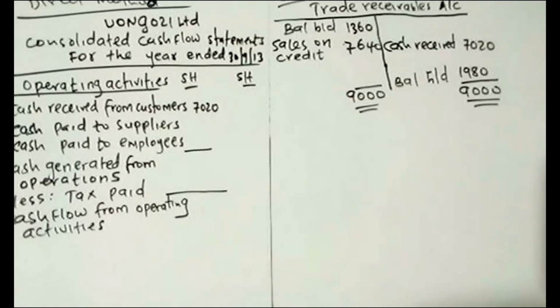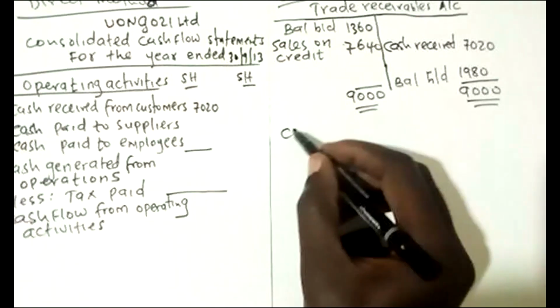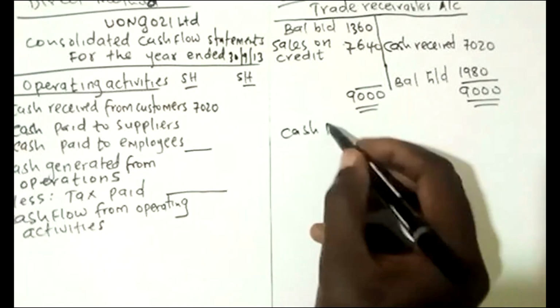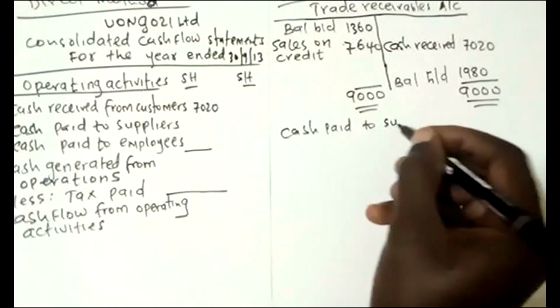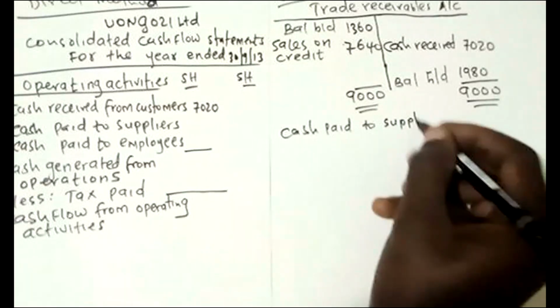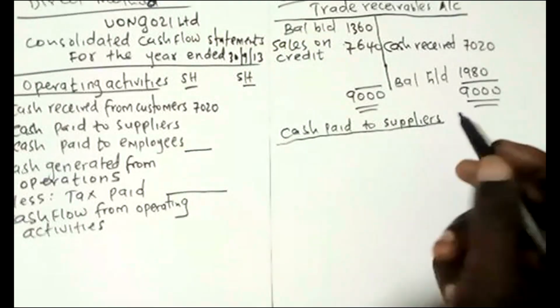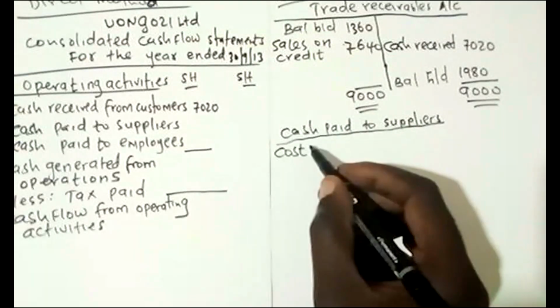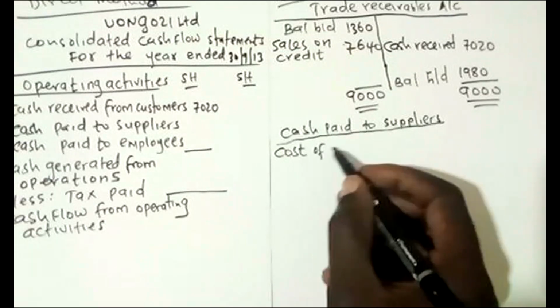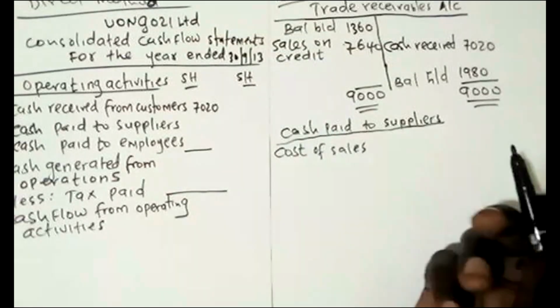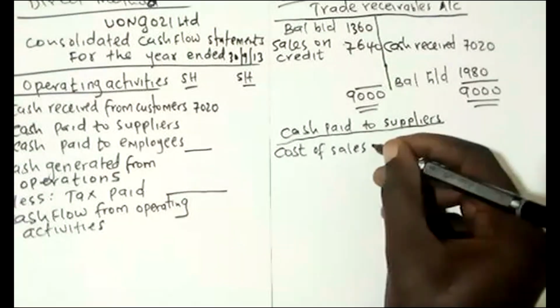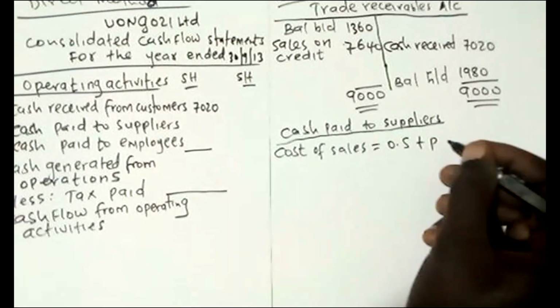You do the debtors account. Then cash paid to suppliers. What you do first is determine credit purchases by saying that cost of sales is equal to opening stock plus purchases minus closing stock.